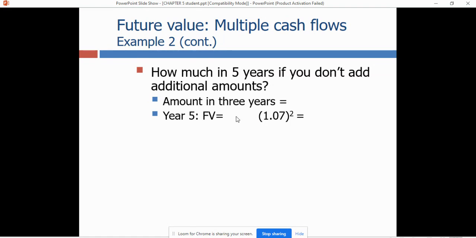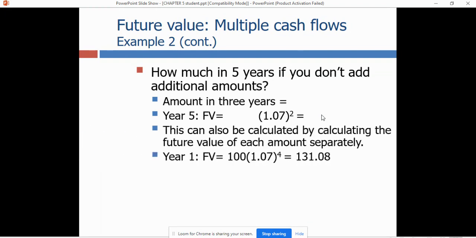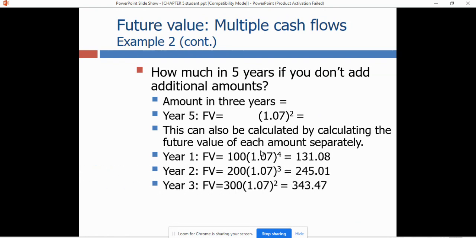So what do you do? 628.49, you're compounding for another 2 years, you'll be getting 719.56. Okay. Or on the other hand, you can calculate one by one again, which is 100 for the next 4 years, 200 for the next 3 years, 300 for the next 2 years.